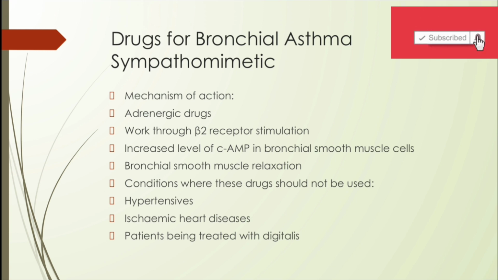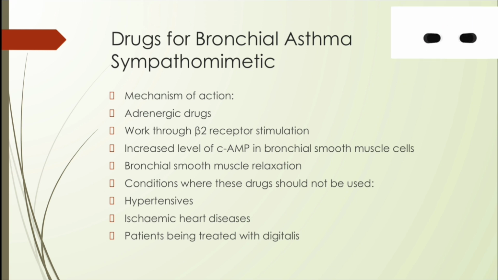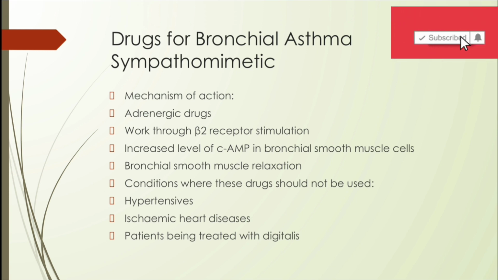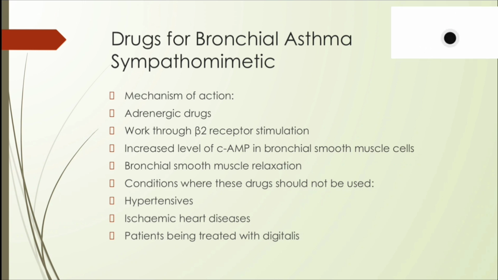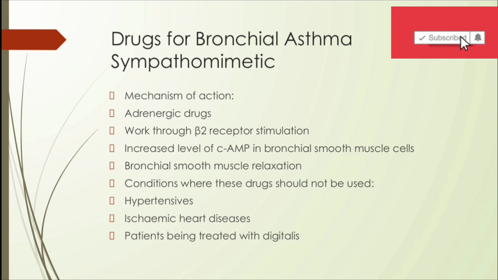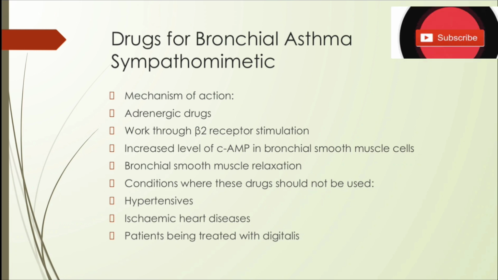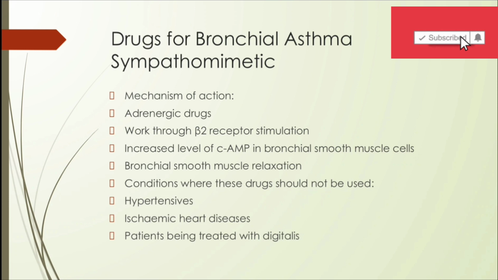Sympathomimetics, generally adrenergic drugs, cause bronchodilation through beta 2 receptor stimulation and increased cAMP formation in bronchial muscle cells, causing relaxation. In addition, it increases cAMP in the mast cells and other inflammatory cells, decreasing mediator release. Since beta 2 receptors on inflammatory cells are more prone to desensitization, the contribution of this action to the beneficial effect of beta 2 agonists in asthma is uncertain.